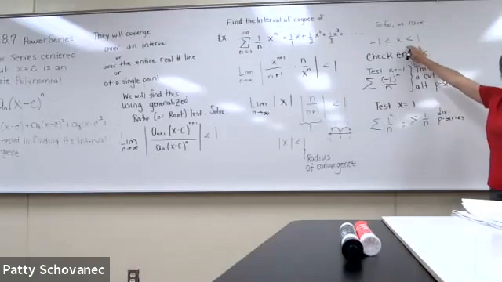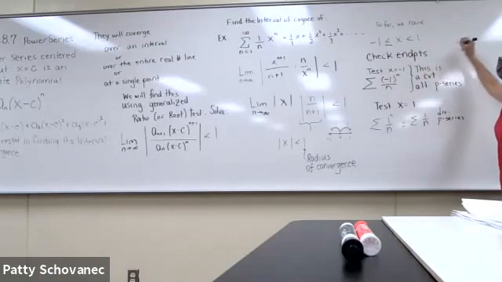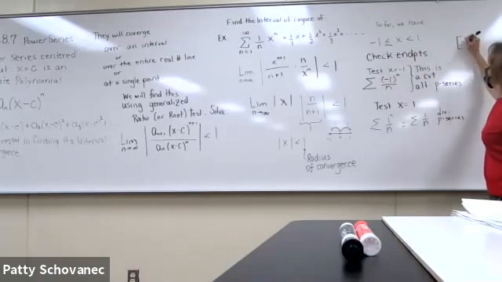So our conclusion is that this is our interval of convergence. And I think on WebWork you write it as an interval. So we would write that as closed on this side, open on that side.